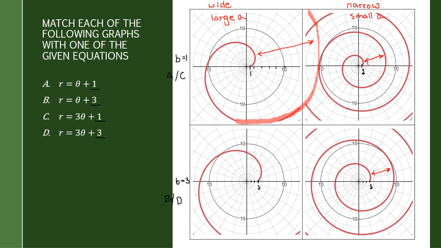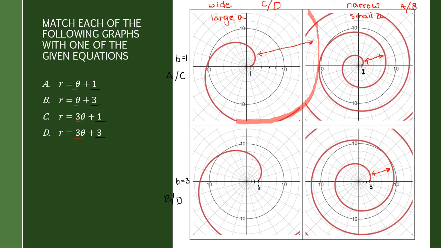And you can't tell just by looking at the graph exactly what the value of A is, but we can compare them with our possible equations here. Equations A and B have a leading coefficient of 1, so that would be the smaller possible A value. And equations C and D have a leading coefficient of 3. That would be the larger possible A value.